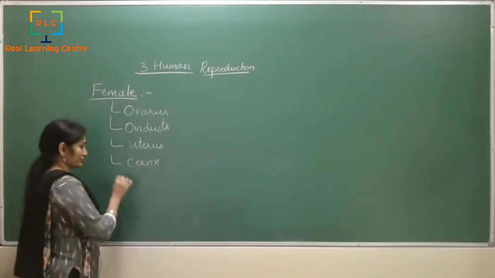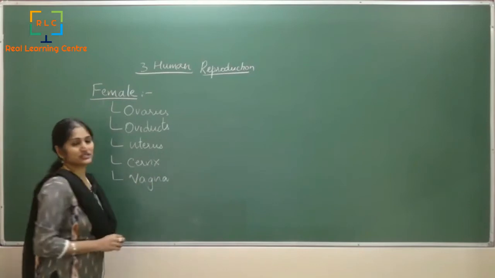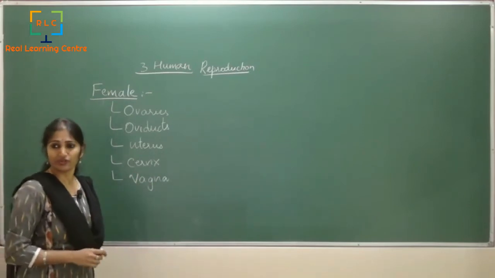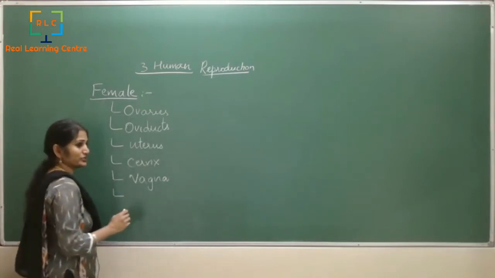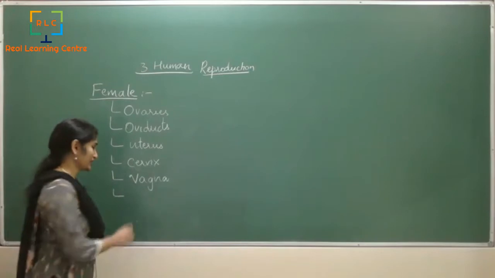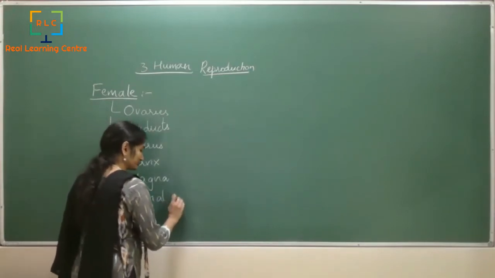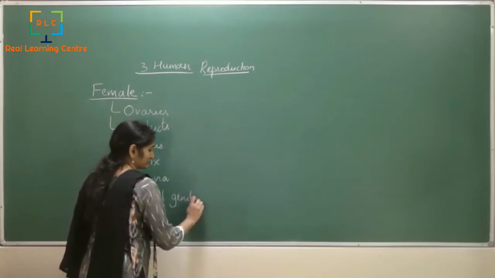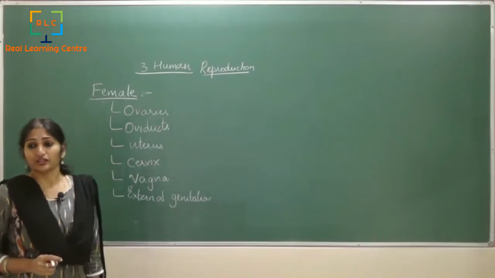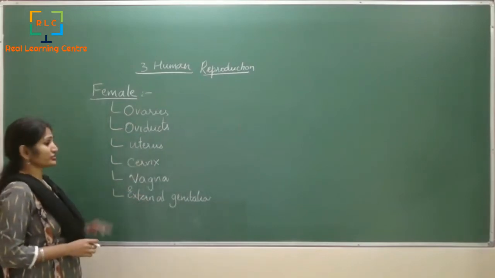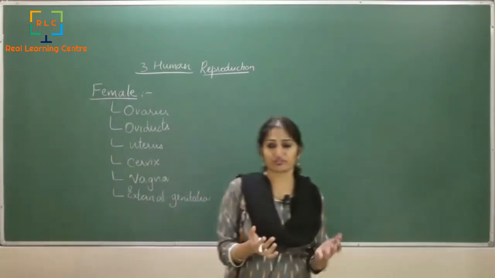Then we have the opening which helps in insemination, which is called the vagina, and all this is covered with many folds which we call the external genitalia, right?